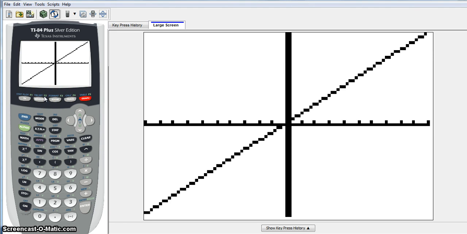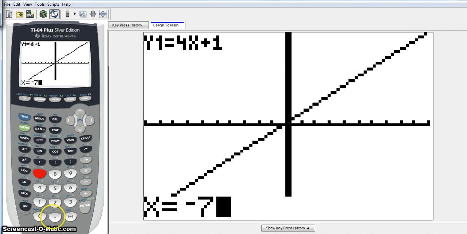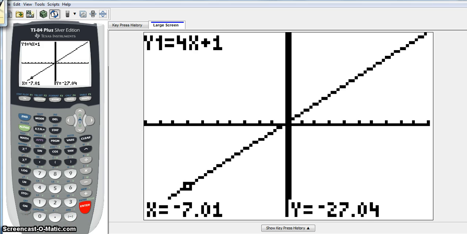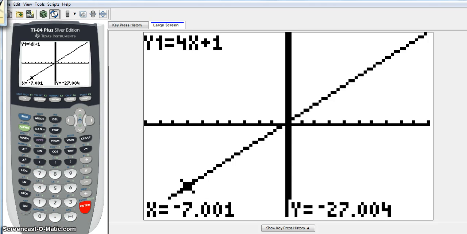Now, when I'm in trace mode, I need to plug in negative 7.01, and that gives me a y value of 27.04. In trace mode again, I plug in negative 7.001, and it gives me a value of 27.004.